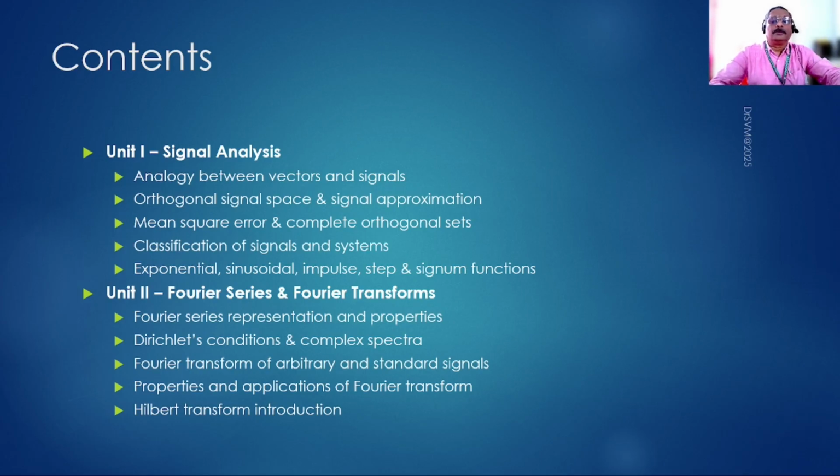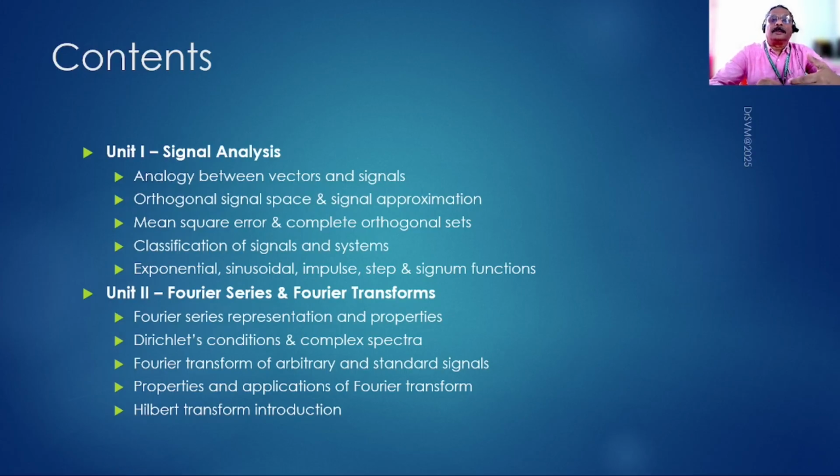Then in the second unit, we want to have a good understanding of the signal. To understand signal better, we try to understand the Fourier series and Fourier transform for any given signal.